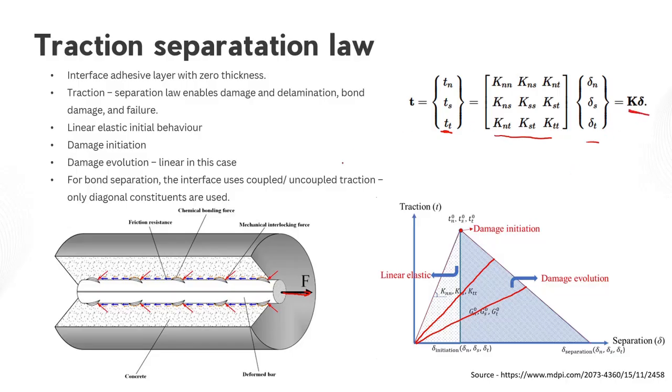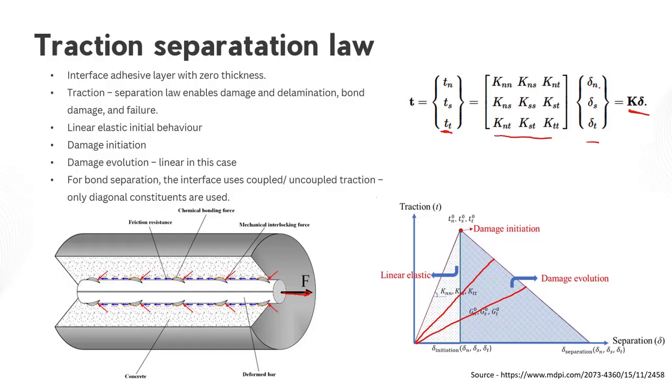Based on the stiffness matrix, you can see I am having a full matrix with coupled off diagonal terms that are actually contributing to increasing or decreasing the traction, utilizing shear in both directions.